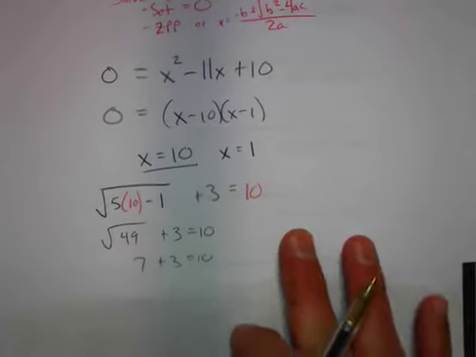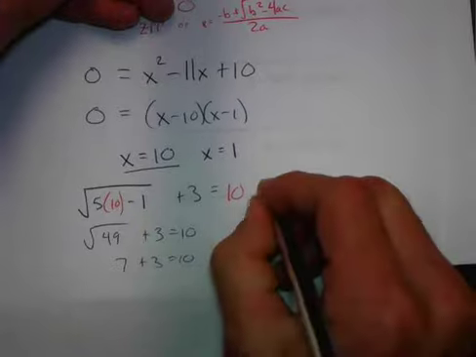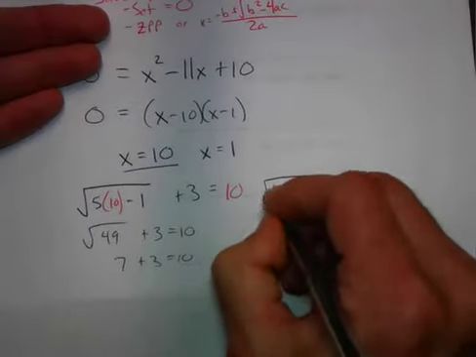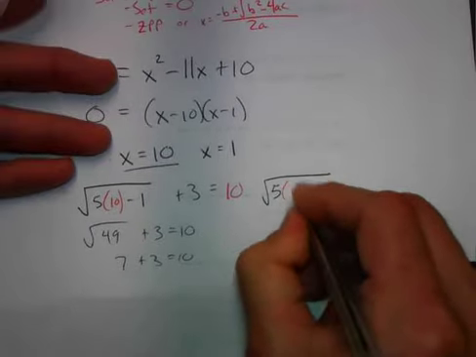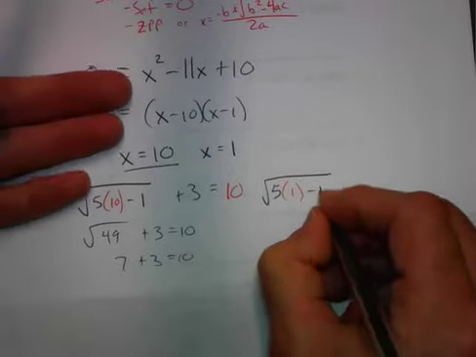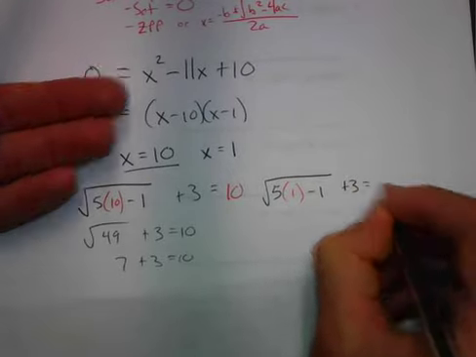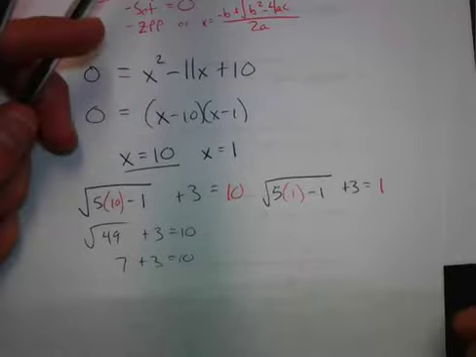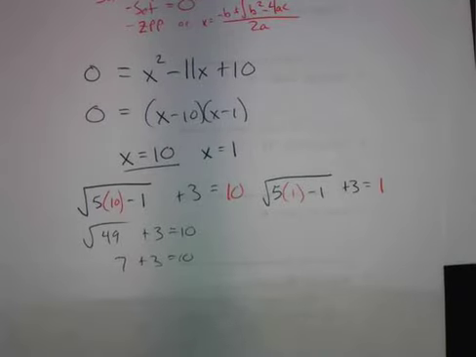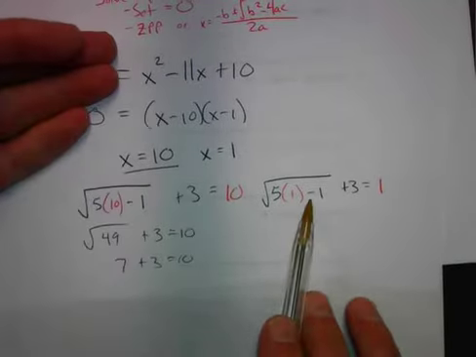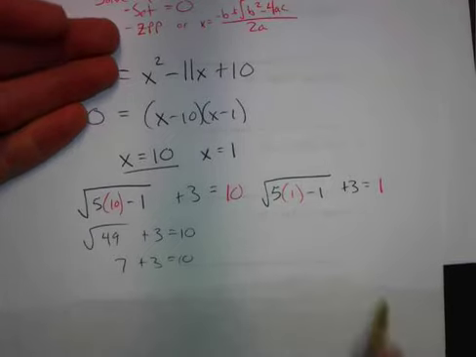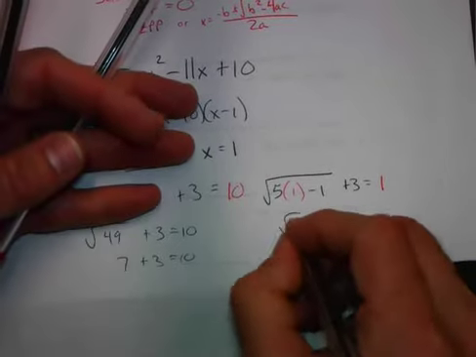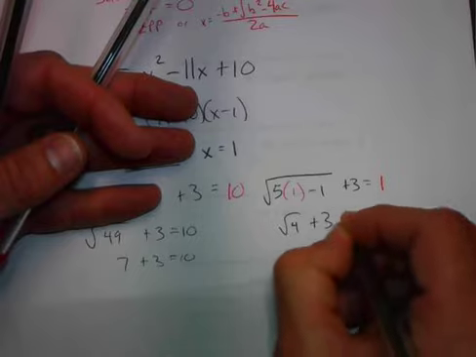How about 1? Okay, so let's test that out. So we have the square root of 5 times 1 minus 1 plus 3. Does that equal 1? Let's find out. Okay, so we have 5 times 1 is 5. 5 minus 1 is 4. So the square root of 4 plus 3, I don't think is 1.